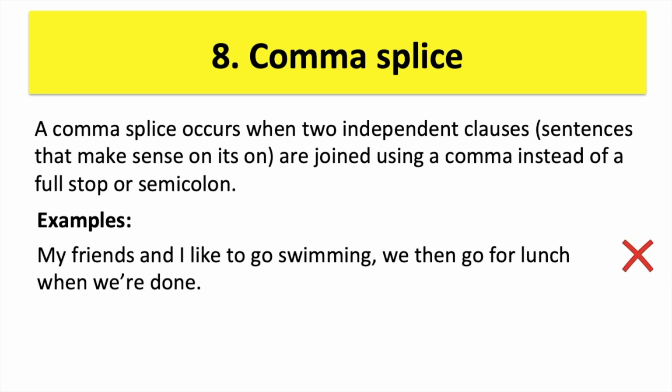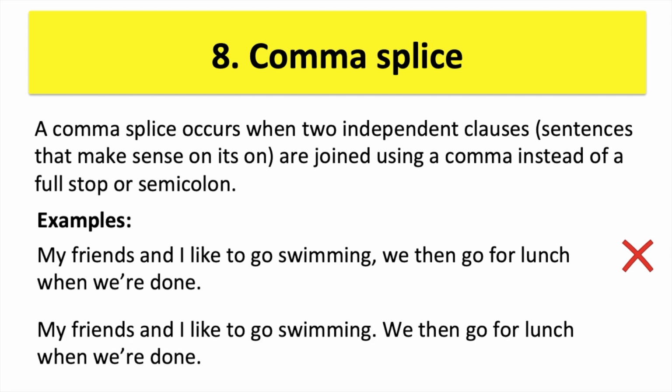This is incorrect. The two independent clauses are joined by a comma when there is no need to do this. My friends and I like to go swimming. We then go for lunch when we're done. This is the correct version. The two independent clauses can be joined by using a full stop as opposed to a comma.